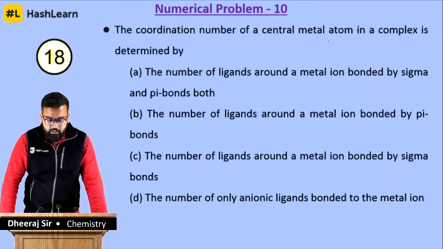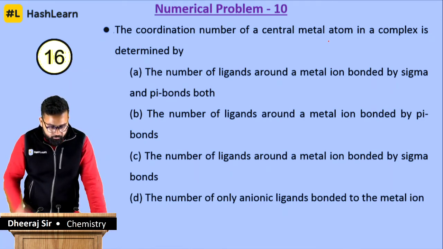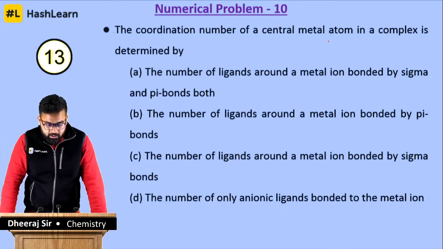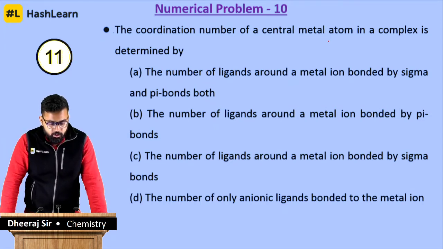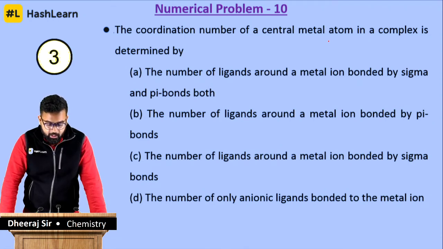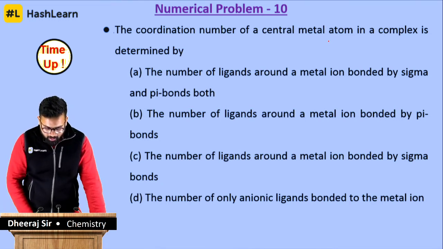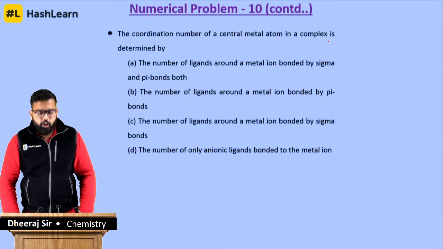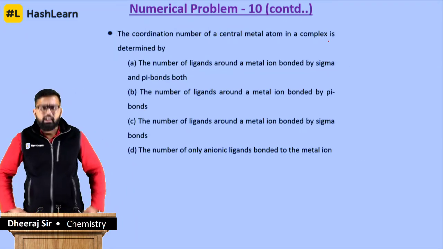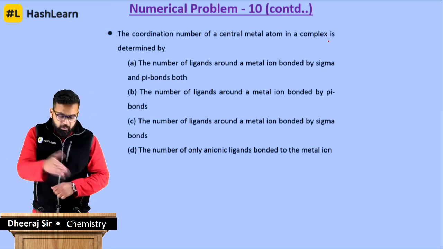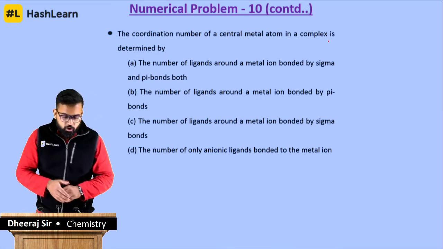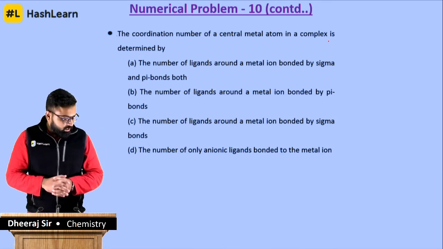The coordination number of a central metal atom in a complex is determined by: the number of ligands around a metal atom bonded by sigma and pi bonds both; the number of ligands around a metal ion bonded by pi bonds; the number of ligands around a metal atom bonded by sigma bonds; and the number of only anionic ligands bonded to the metal atom. So you just have to give it a little thought. We are talking about the central metal atom, we are talking about ligands. What really is the connection between the two is determined by these statements that we have given here, and we are asking you the right answer. So go for it.